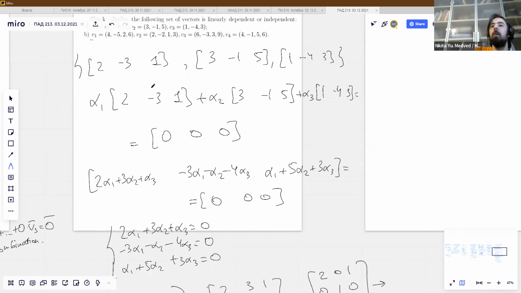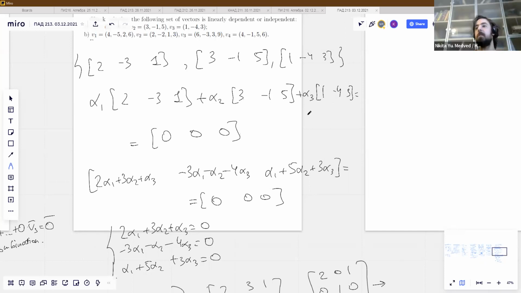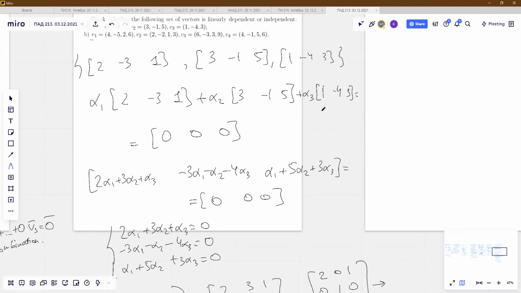Here, yes. So -3 times alpha1 is the second here in the second cell, -1 and here. Mm-hmm. Well, it's random, all three coefficients were with minuses. That's just some random example. Yes, I got it. Thank you. Mm-hmm.